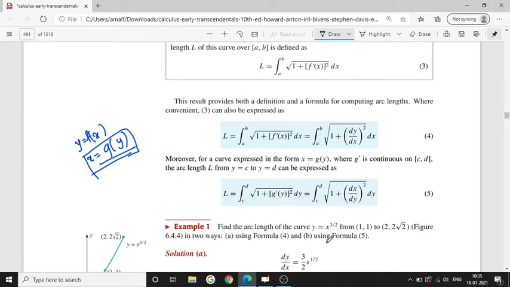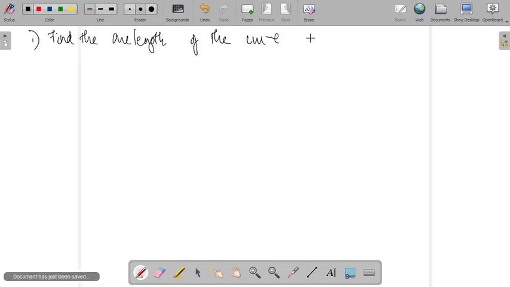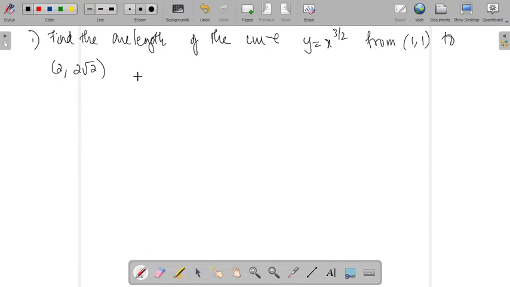So let's just see a few examples. So the first problem is, find the arc length of the curve y equal to x raised to 3 by 2 from (1, 1) to (2, 2 root 2).